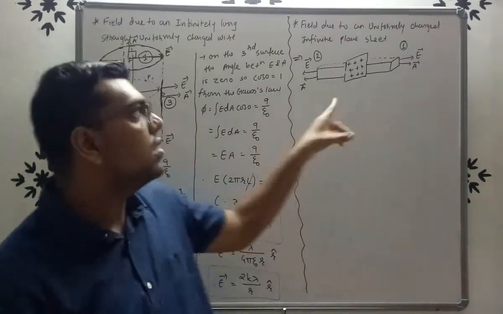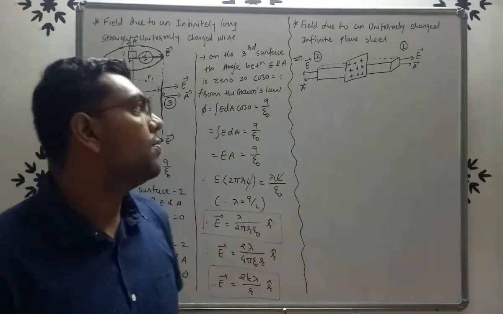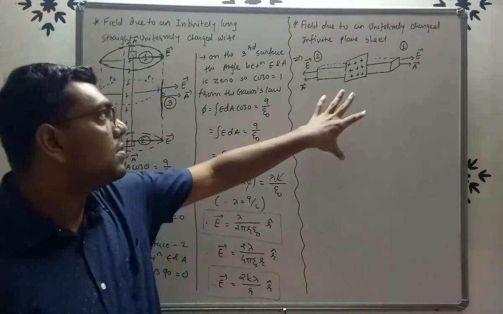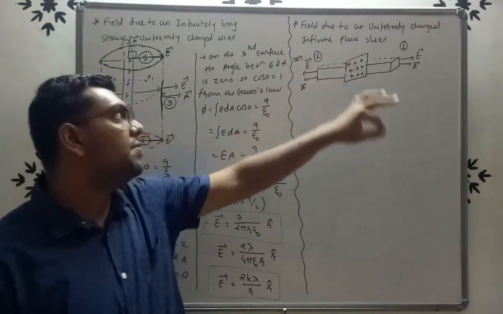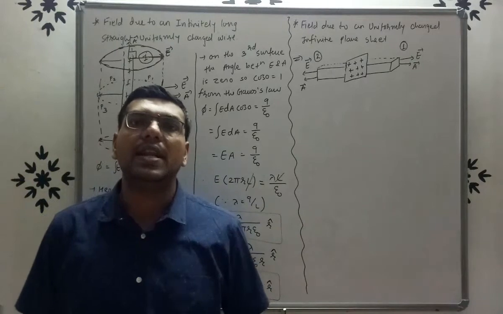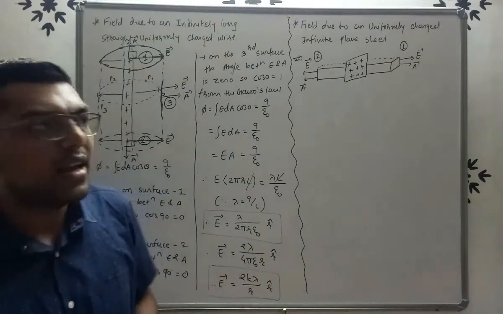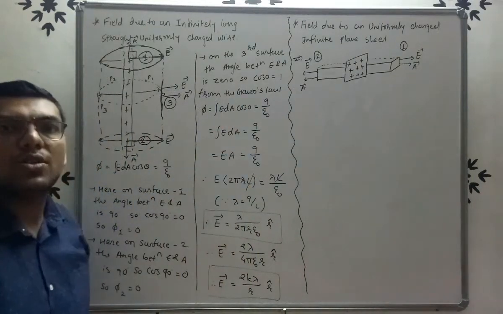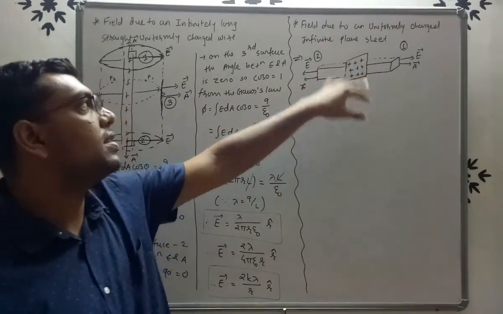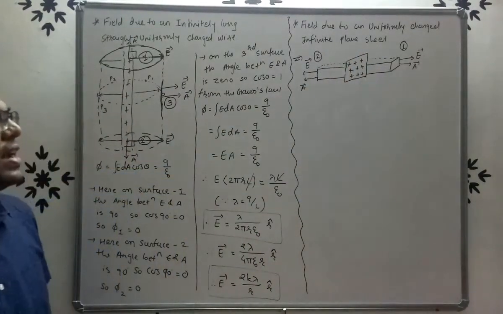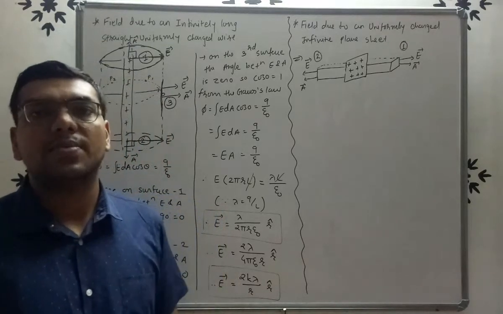But first of all, after the figure we have to write some sentences. First point is, as shown in the figure, there is a uniformly charged infinite plane sheet having surface charge density sigma, right? Because there is area, there will be a surface charge density sigma.